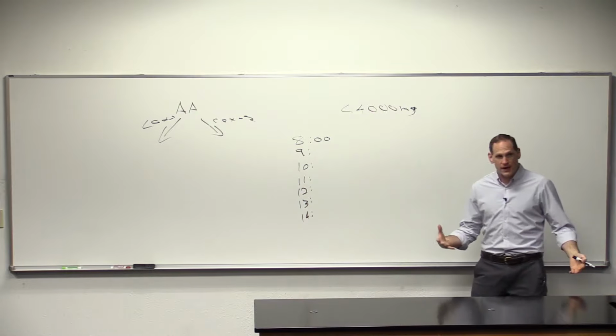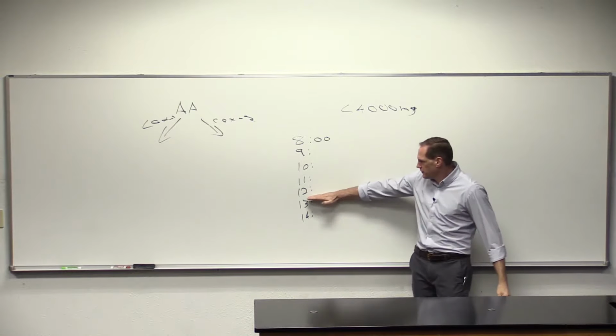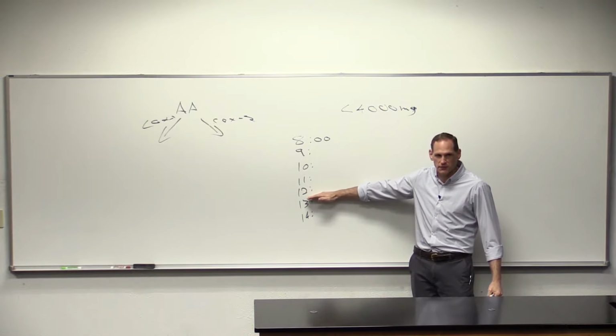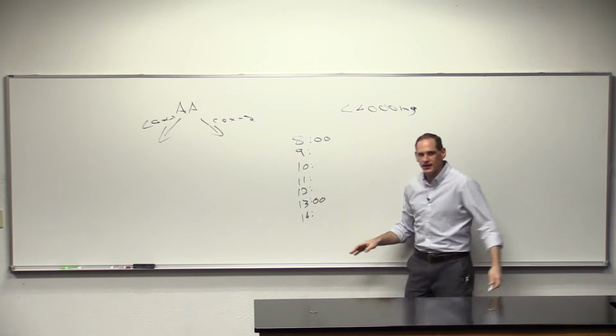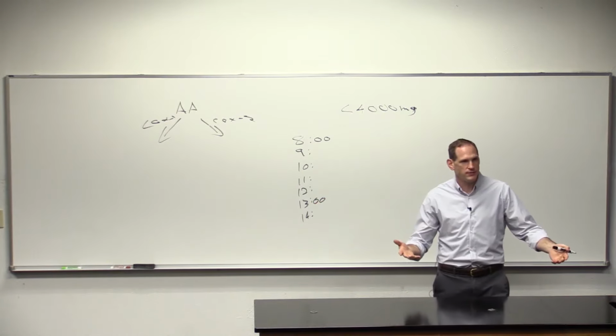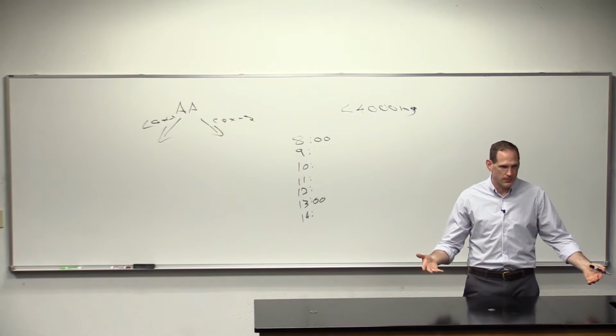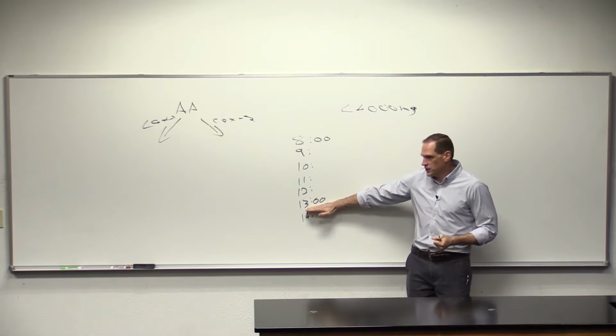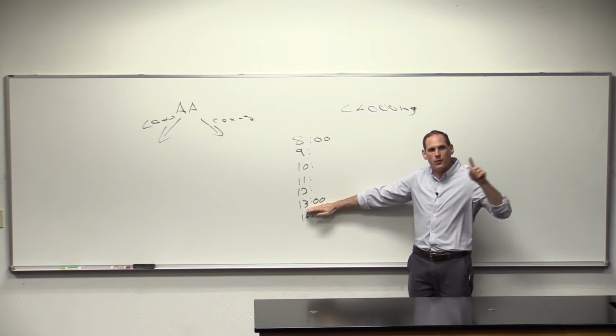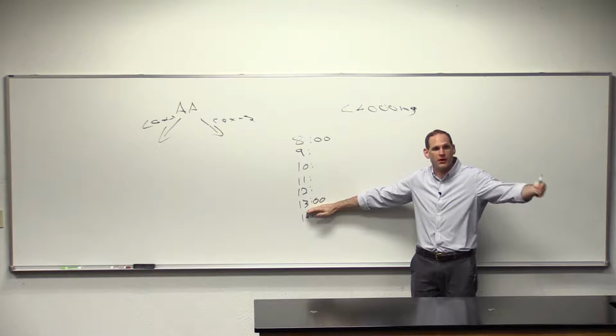To figure out what time it is, if you're above 12, you just subtract 12 from it. So 1300 or 13 o'clock is 13 minus 12. It's 1 p.m. So a 24-hour window between now and 1 o'clock yesterday is a 24-hour window.